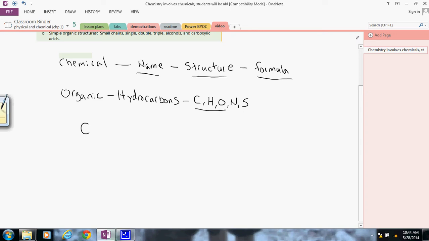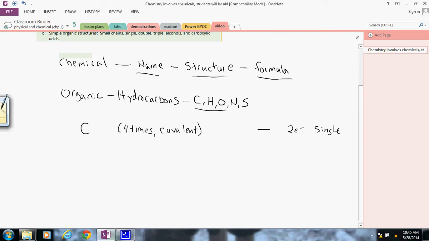You should note from previous classes, even biology, that carbon bonds 4 times. It is going to share electrons, so it's going to do covalent bonds. We represent this sharing of electrons with a single dash standing for 2 electrons, and this is what we call a single bond.